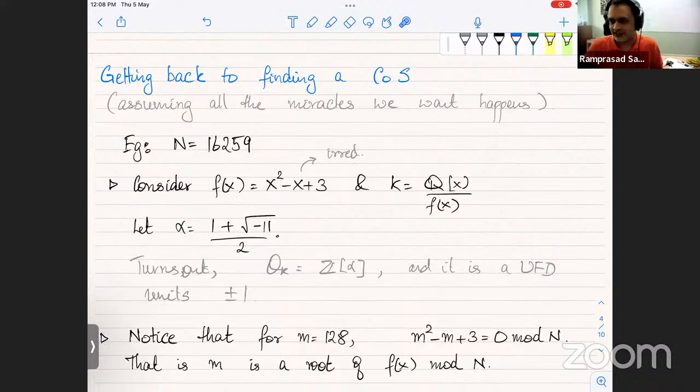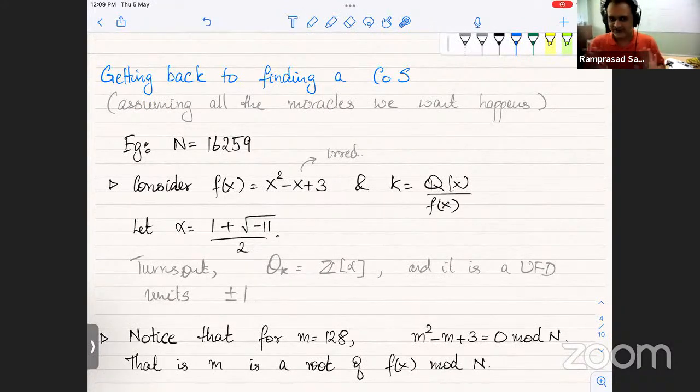Again, it's a weird thing to say that I chose a polynomial and an m out of thin air at this point, but this is going to be important: m is a root of f(x) mod n. Intuitively, tell yourself that m is almost like this complex number alpha as long as you're working modulo n, because m satisfies the same relation that alpha seems to satisfy.